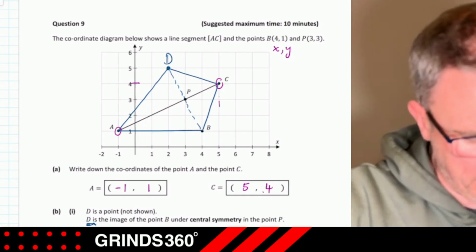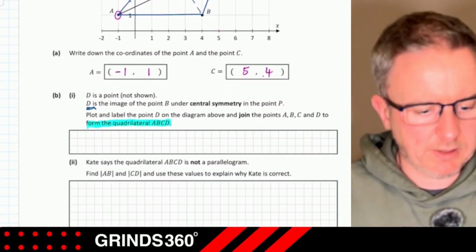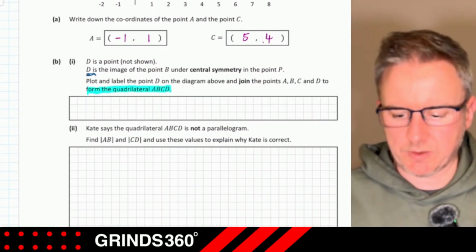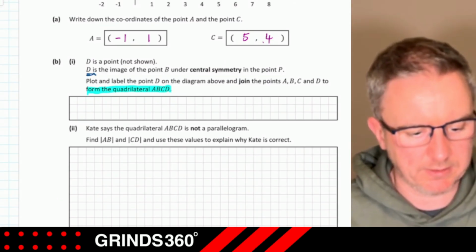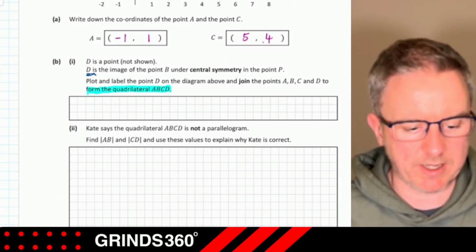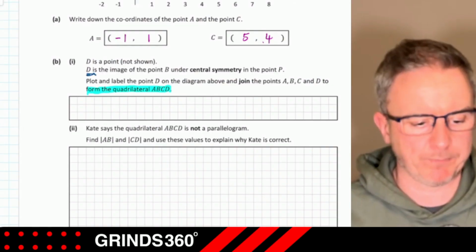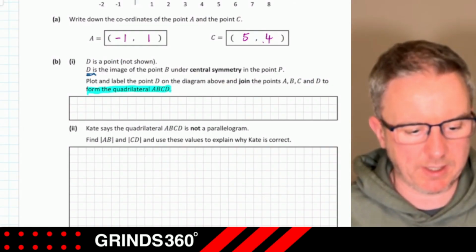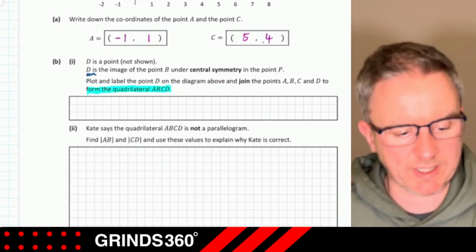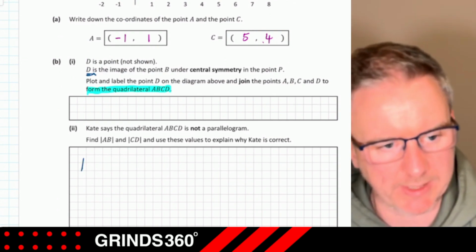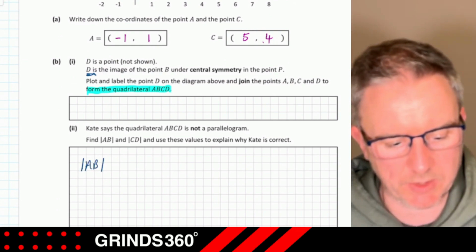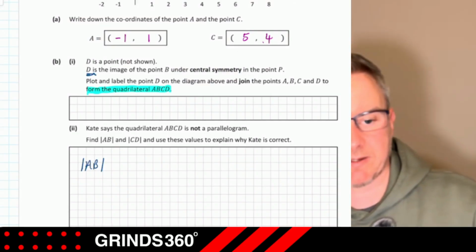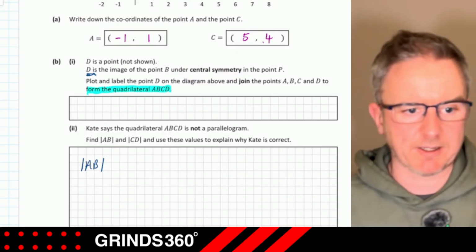And then the question that comes with that. They're saying here that Kate says the quadrilateral is not a parallelogram, and then you have to find AB and CD. So what does that symbol there mean? We're talking about the length, so the length of AB and the length of CD, and use these values to explain why Kate is correct. So she is stating that it's not a parallelogram.